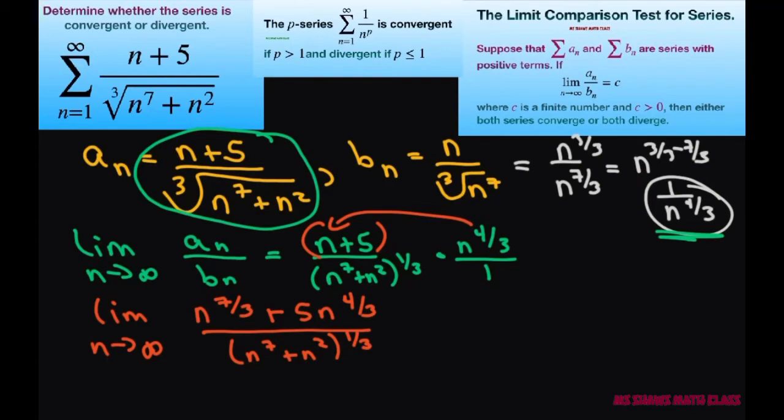Now, to make the limit easier, let's multiply the numerator and the denominator by n to the power of negative 7/3.